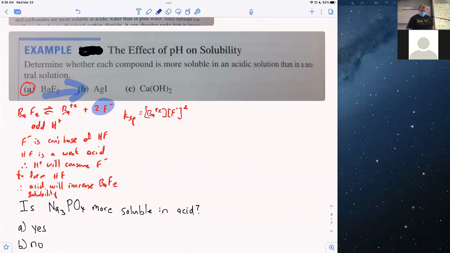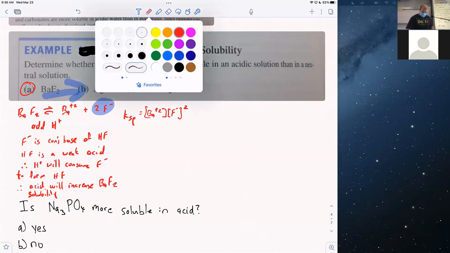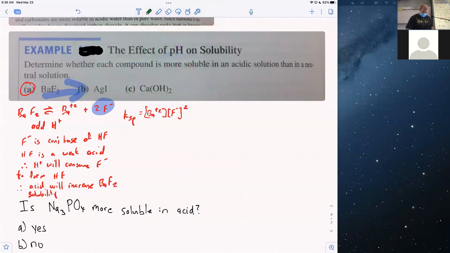I hope no one is blue, green, red colorblind, but the fluoride anion concentration is going down because it's being consumed in the acid, which means the reaction has to shift right. As it shifts right, more dissolves. Therefore, dissolving barium fluoride in acid will increase the solubility relative to barium fluoride in pure water.